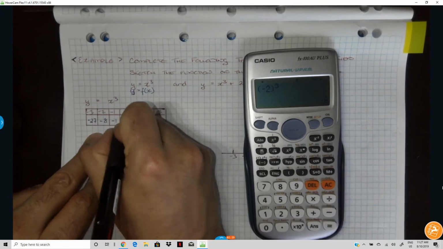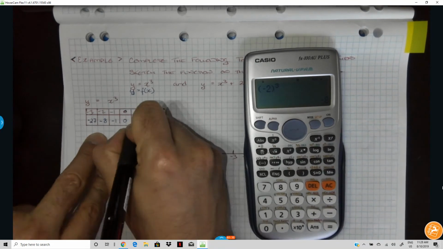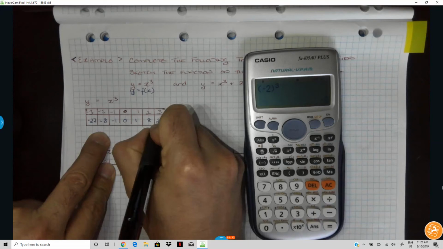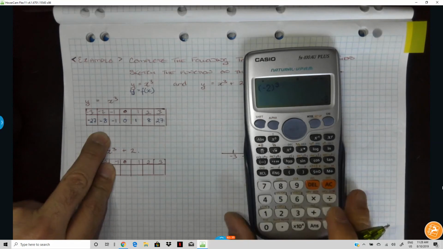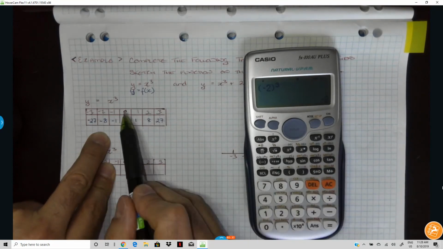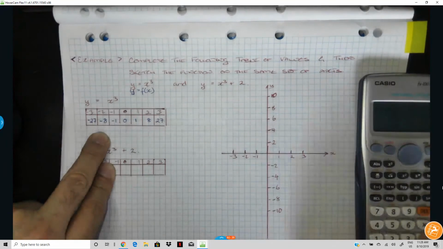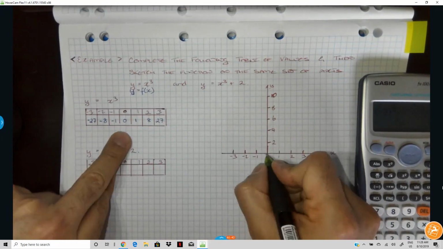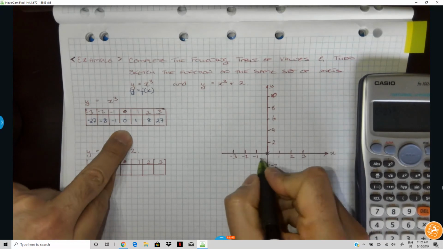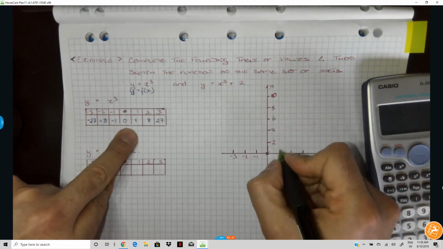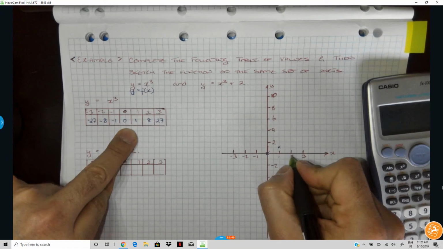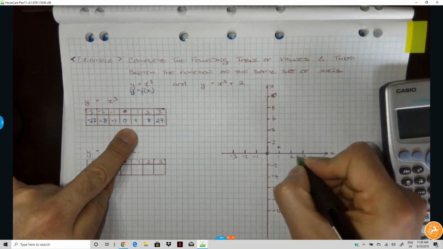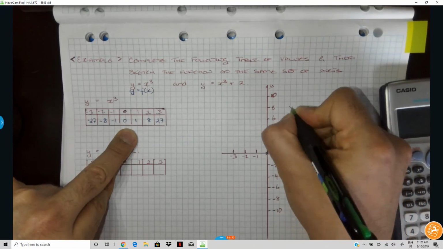Then negative 1, 0, 1, 8, and 27. That's just plugging in your values of x. Now if I sketch that first, I'll do that in blue. 1 is 1, 2 is 8, and 3 is 27.